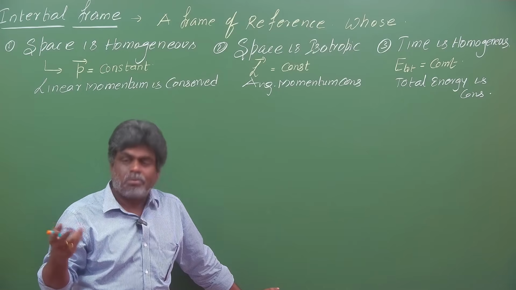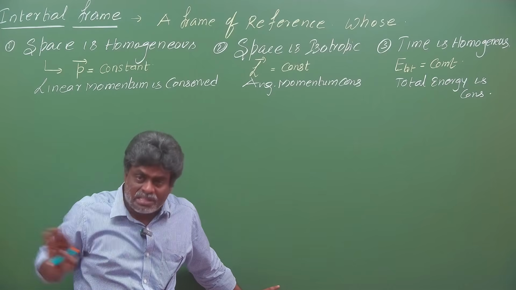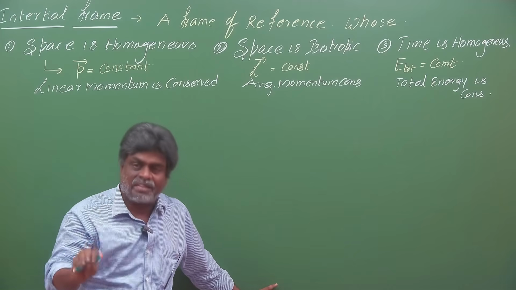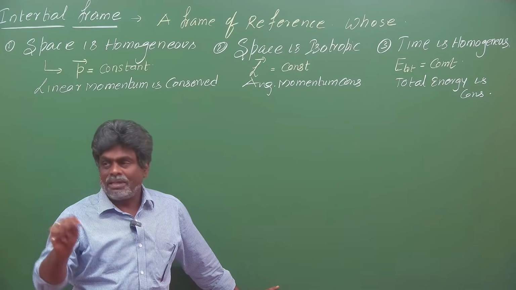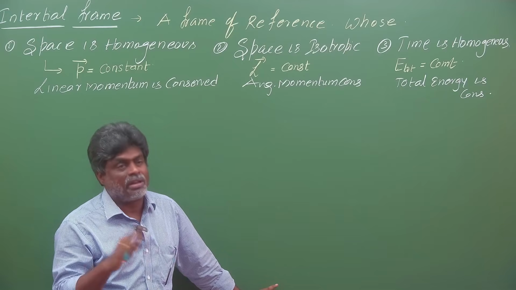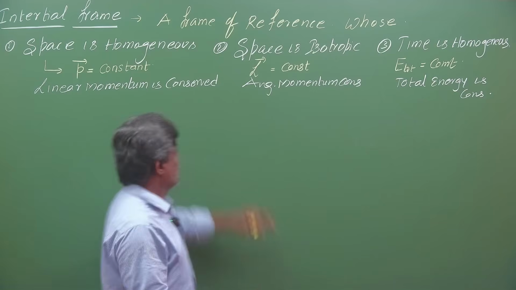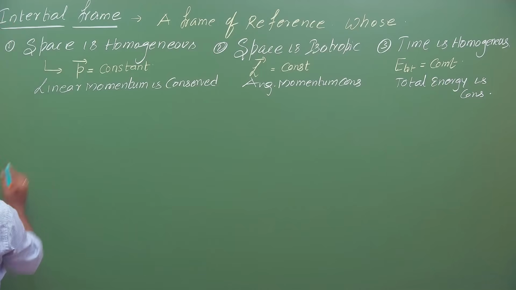In Lorentz, both space and time are not absolute, but all three are defined for inertial frames. Special theory of relativity deals with inertial frames. General theory of relativity will talk about non-inertial frames. I hope you understand the first definition, of inertial frame.